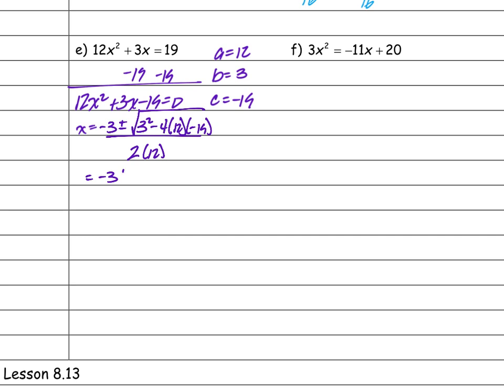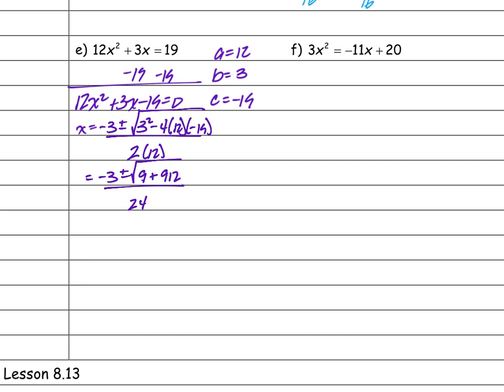So I've got -3 plus or minus the square root of 9 plus 912. So 4 times 12 times 19 is 912, divided by 24, which means I have the wrong answer, so I have to plug them in again.